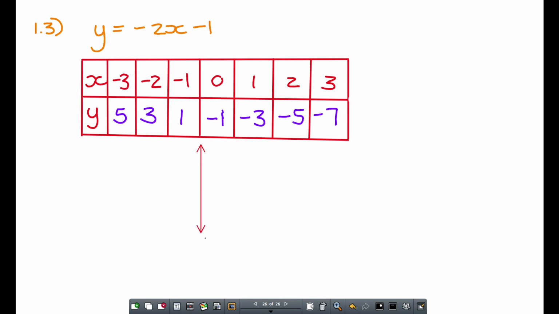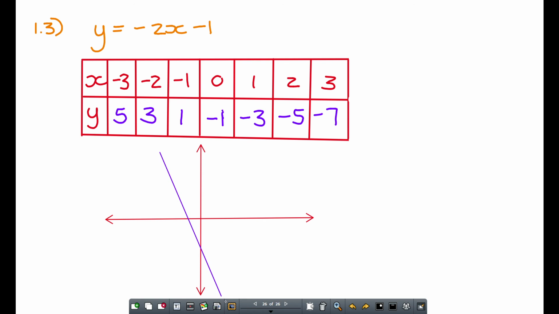Right, so if you were to go and draw this, it should look like this. It's going to cut through here at minus 1. Gradient is difference in y over difference in x. Am I right if I say it looks like this?